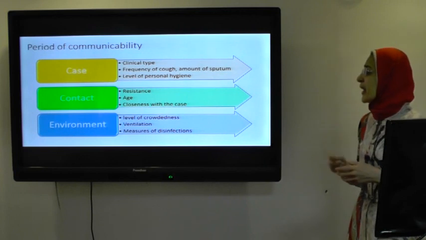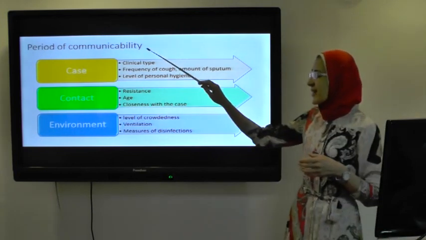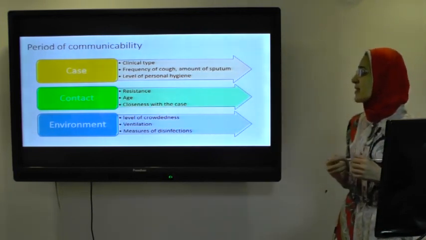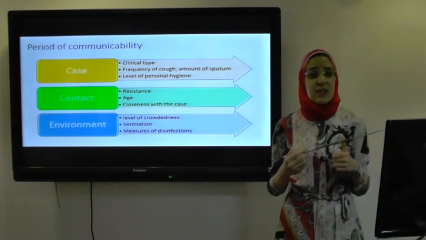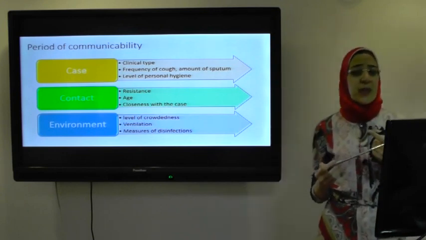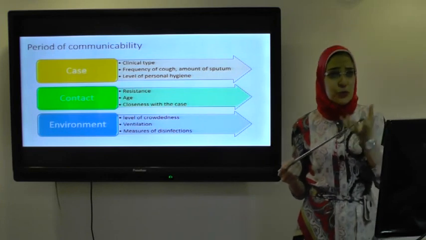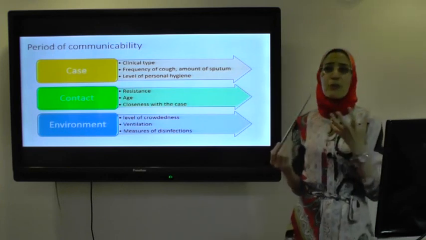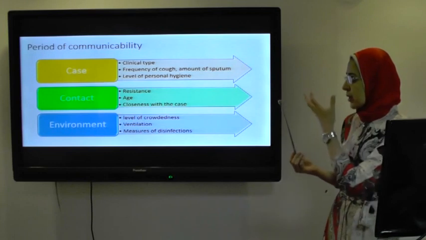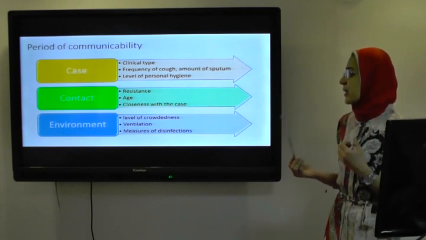For example, characteristics of the case that affect the period of communicability are the clinical type of the disease, the frequency of cough, the amount of sputum produced, and the level of personal hygiene of the patient himself.